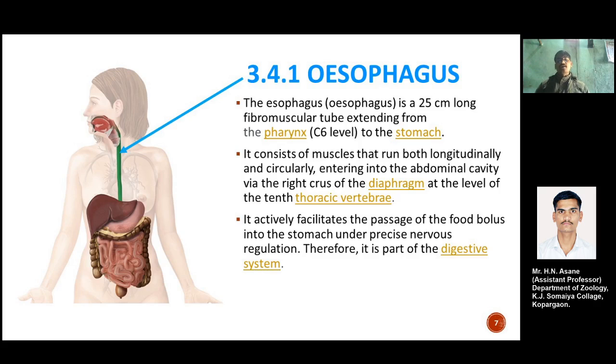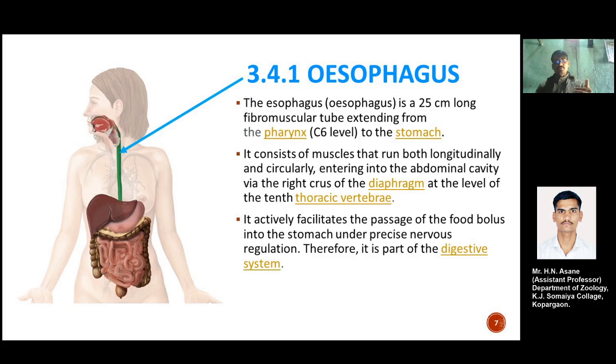The diaphragm is a structure of your chest, and the esophagus passes through it to the level of the 10th thoracic vertebra, where the ribs are attached. You can feel this at the upper part of your stomach.